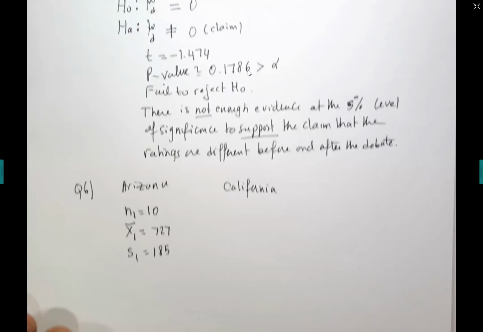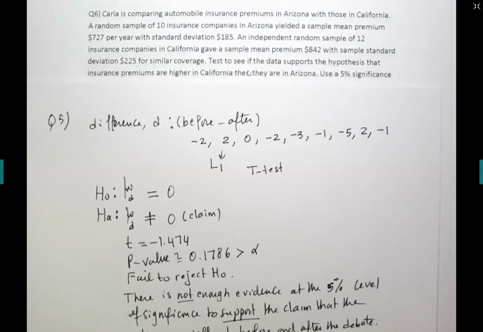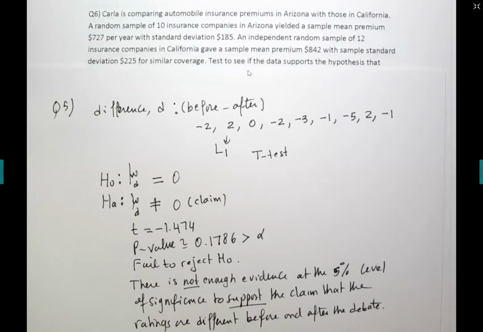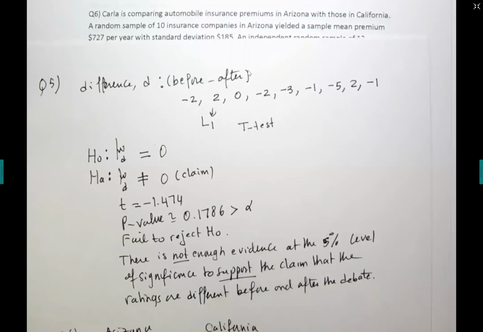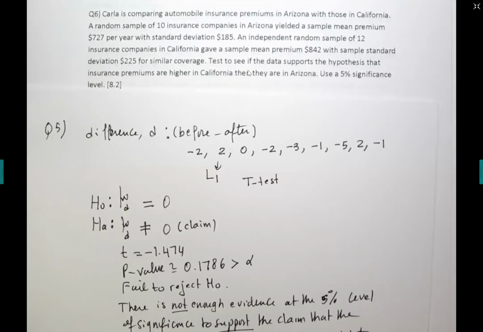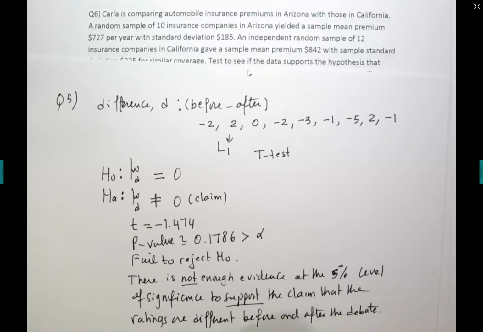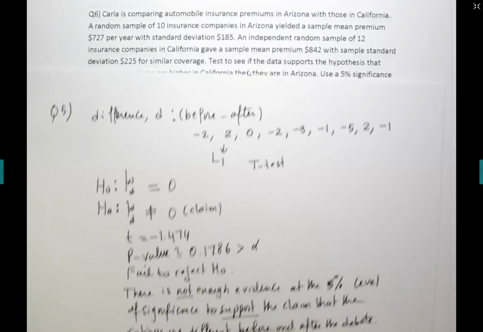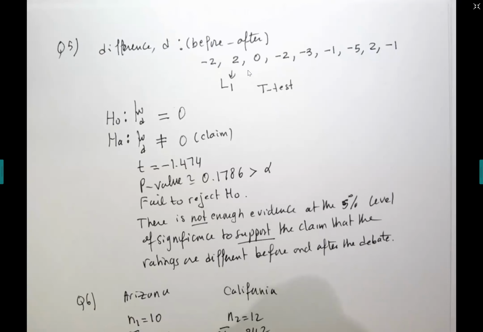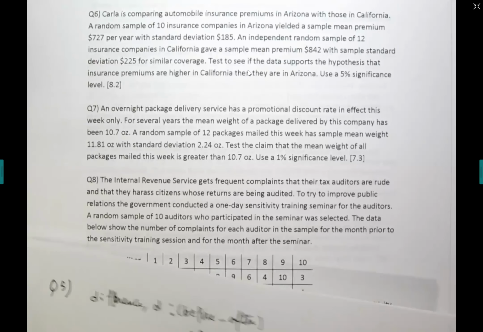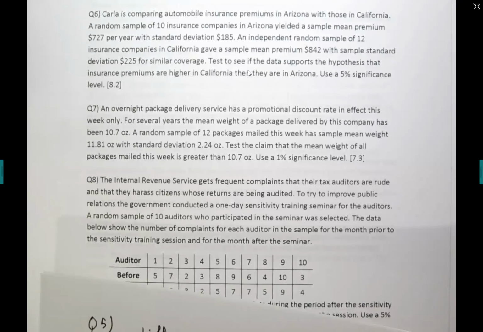Then let's see what about California. Independent random sample of 12 insurance companies in California. So you guys agree with me that N2 is 12. So these are independent. It says independent samples here. Gave a sample mean of 842. X2 bar is 842 with a standard deviation of 225. Test to see if the data support the hypothesis that insurance premiums are higher in California than they are in Arizona.